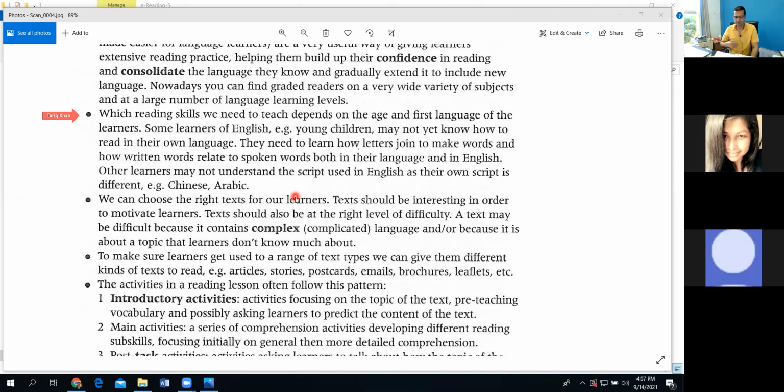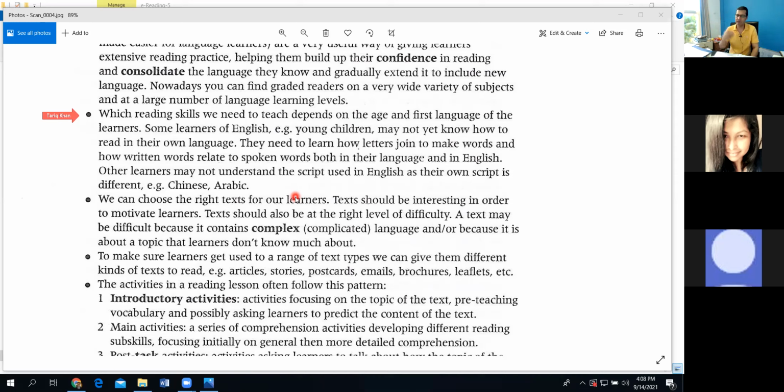So when we talk about young children, they may not understand all the sub skills. They need to be taught how to join letters to make a word: two-letter words, three-letter words, four-letter words, okay? Likewise, we have to teach them what they initially need.